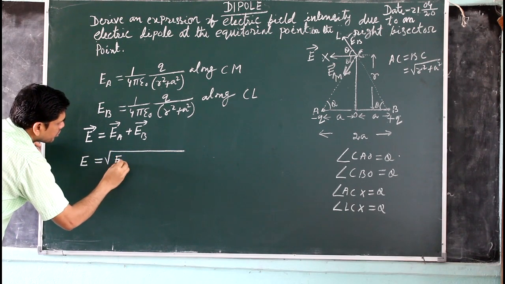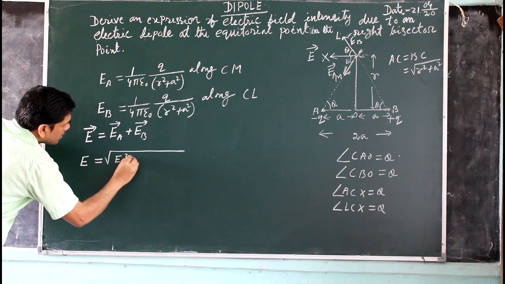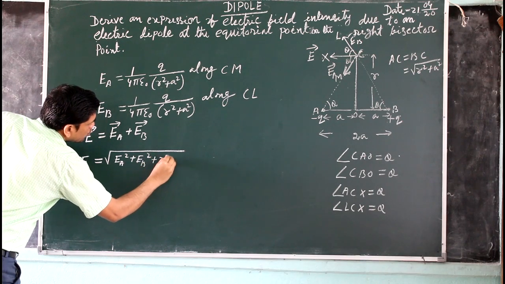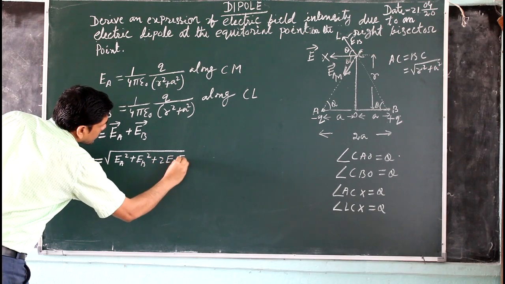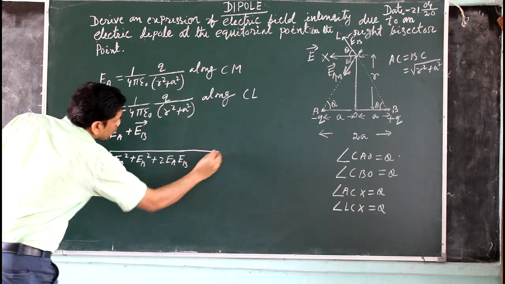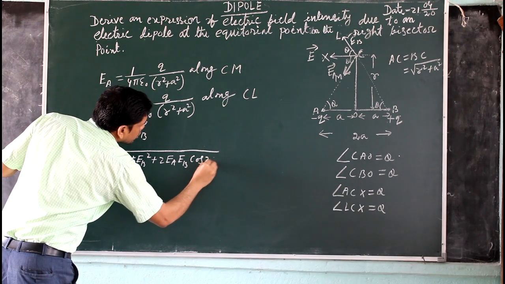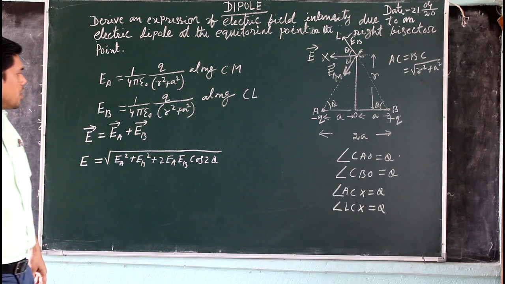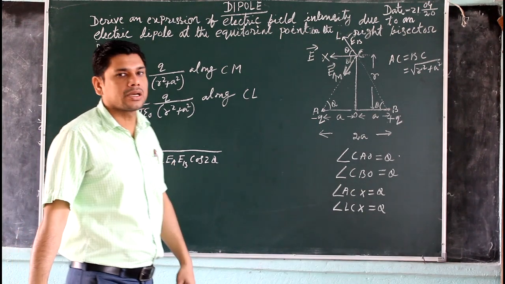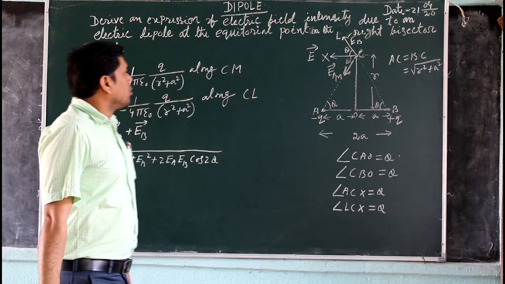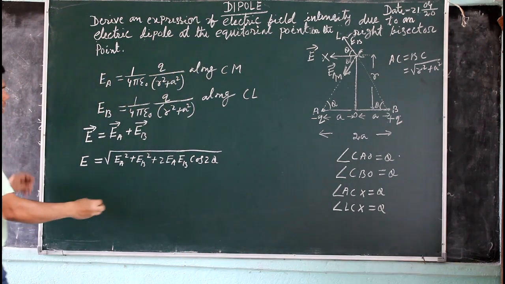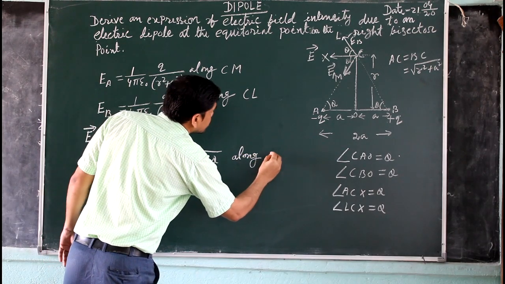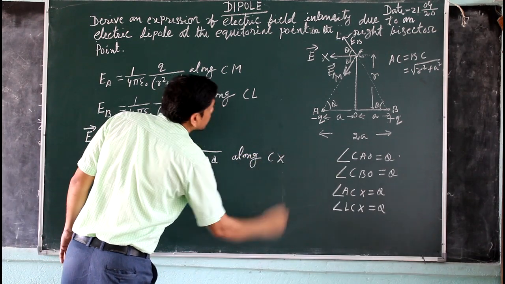We can use this formula: E equals root over EA square plus EB square plus 2 EA EB cos 2 theta, which we already discussed in class 11, and its direction is along CX.